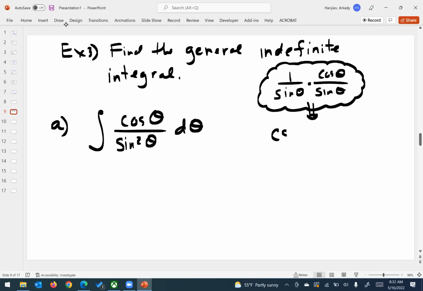Cosecant. Okay, and then cosine over sine. Cosine over sine, cotangent. Okay, so now I think that kind of gets us somewhere. Do we have anything that's sort of close to that in our little list over here?